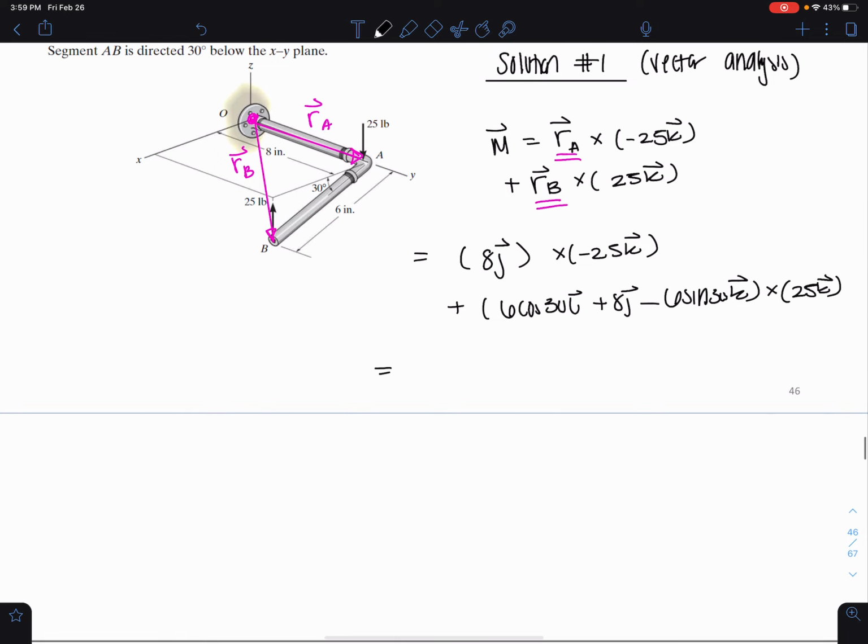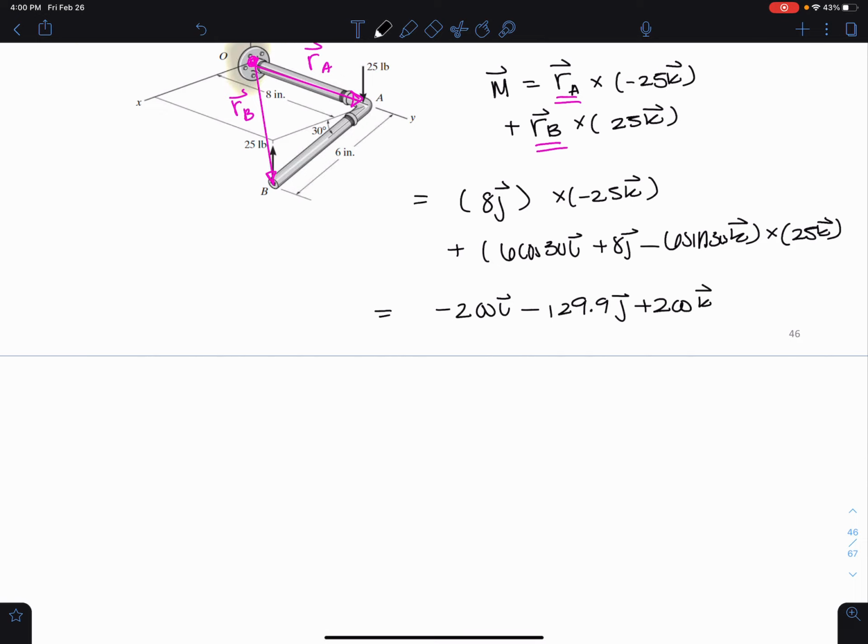And if I multiply everything out, I end up getting 200 in the I, minus 129.9 in the J, plus 200 in the K. Actually, I'm sorry, I get 200 in the I here. These cancel out here. And I end up getting a final answer of negative, approximately 130 in the J, and this is in pound inches. Okay, so I'm going to highlight this answer.